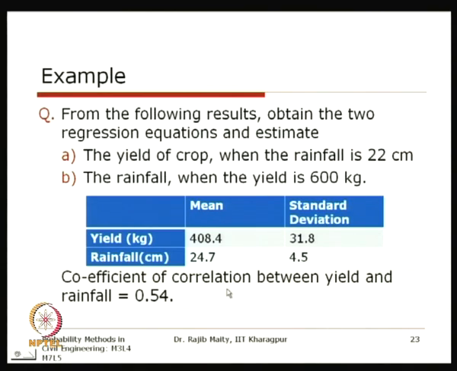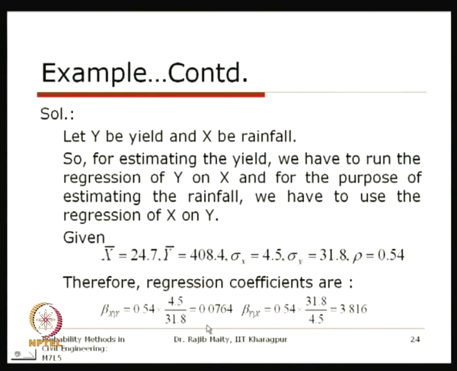So this information is available to us. Then we have to develop the two regression equations, that is, the expression for the yield given the rainfall, and the expression for the rainfall given the yield. Both equations we can develop with the help of the correlation coefficient.